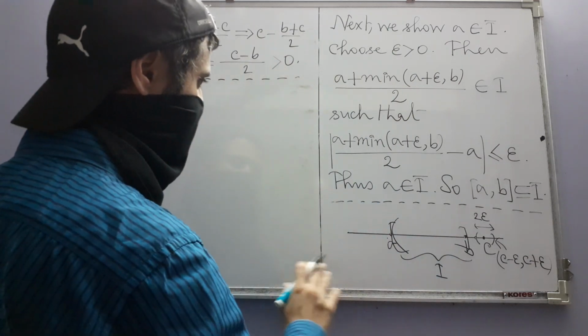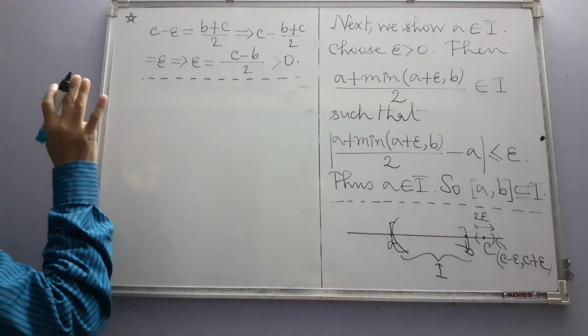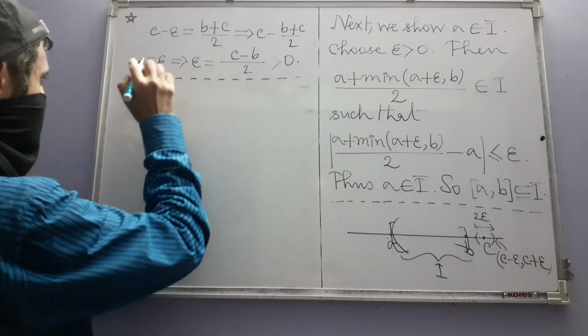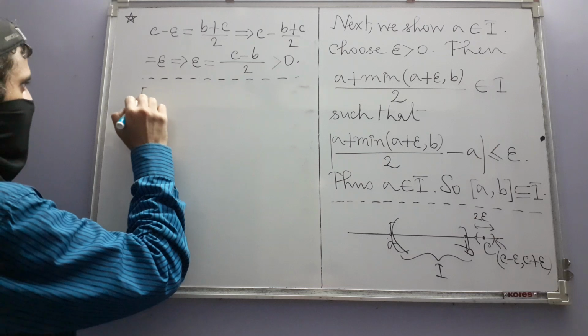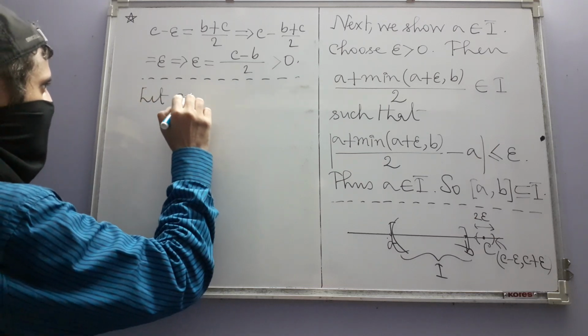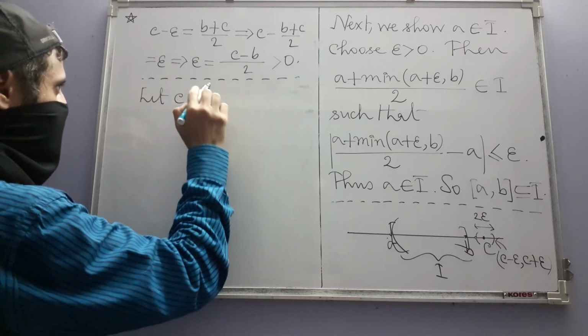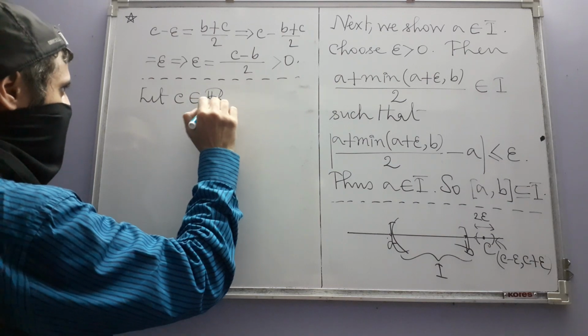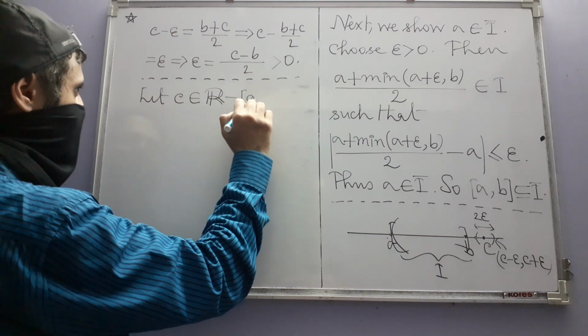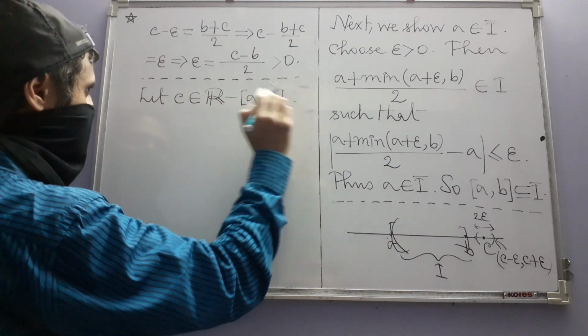So in the solution, of course, you will start like this. Let C be a real number that does not belong to this closed interval.